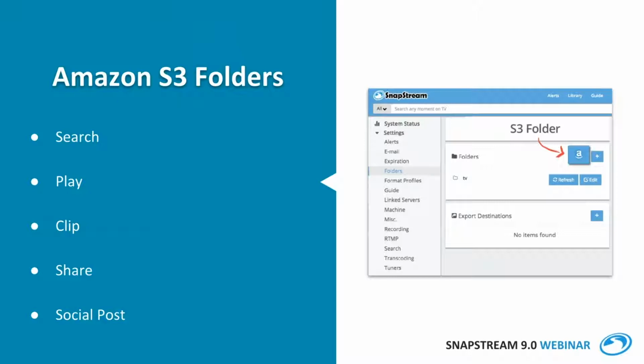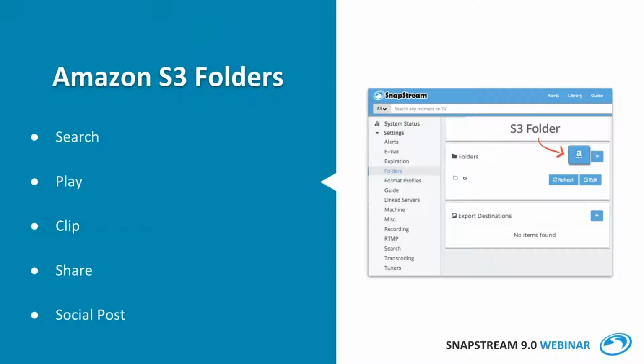Any questions about the S3 folders? Okay. All right, someone's asking if they can record to the S3 folders. The answer is no. Once the recording is done, you can have SnapStream copy or move the recording into your S3 folder to be used in SnapStream.